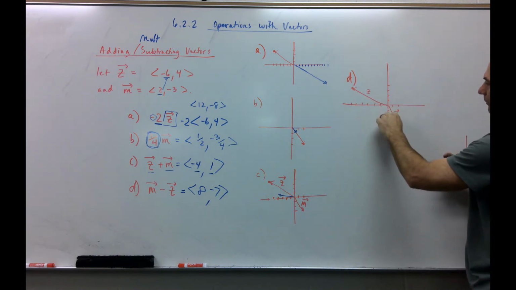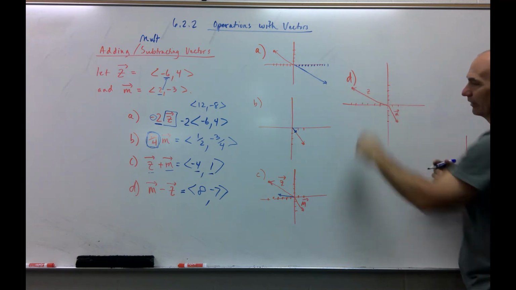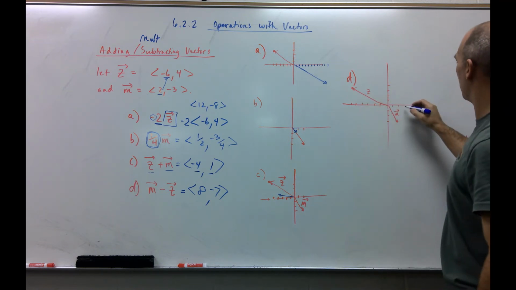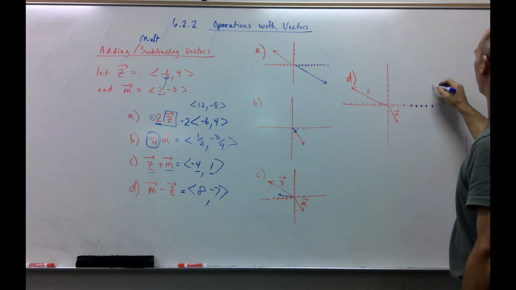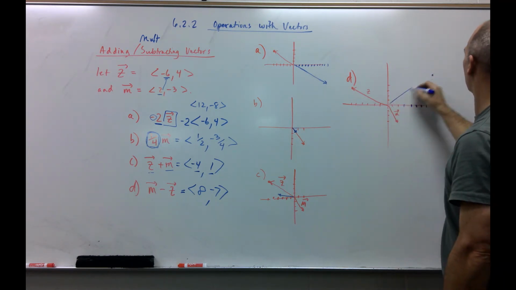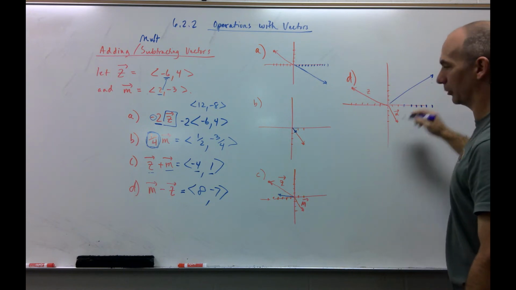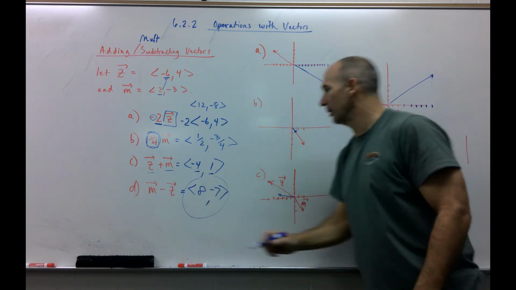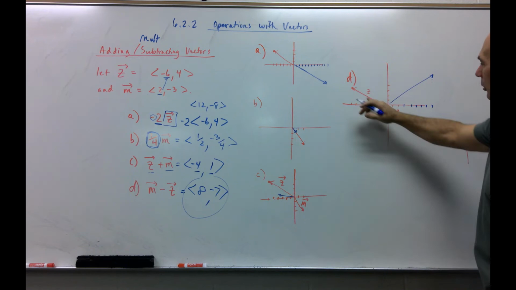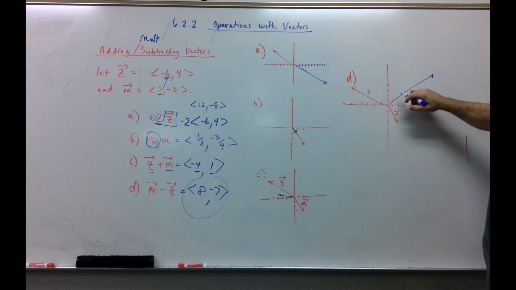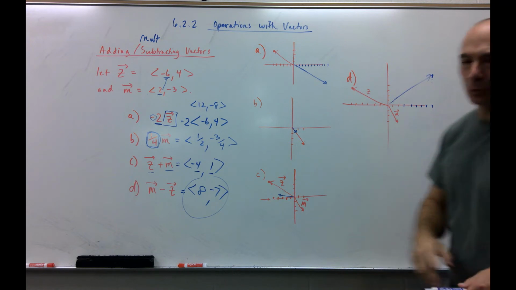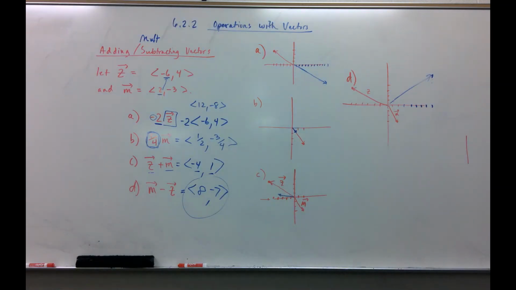M is subtracting the power of Z. So that results in 8, -7: 2, 3, 4, 5, 6, 7, 8, and 4, 5, 6, 7. That's the resulting vector picture. If you took away that power from that vector, you would result in a vector in that area. So the world of physics is upon us.